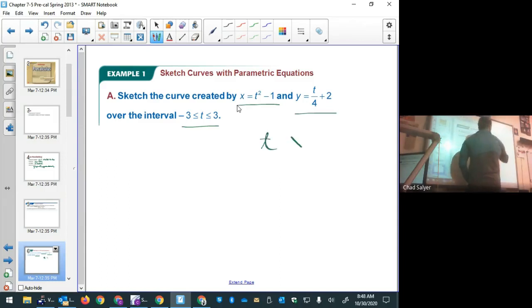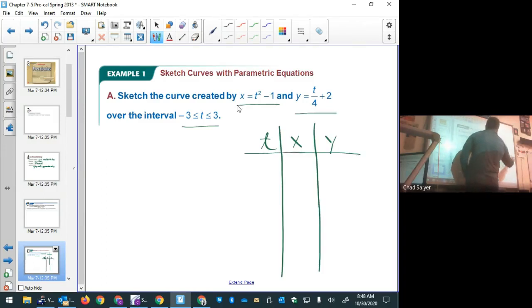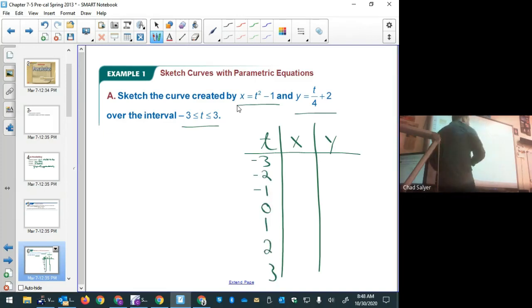You remember how you used to do this? Of course, you just did this bit. But now we're going to do this bit. So -3, -2, -1, 0, 1, 2, 3. Your calculator can do this for you, okay? But we're going to do this one by hand just so that we understand the process better.